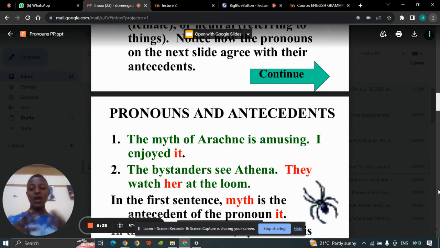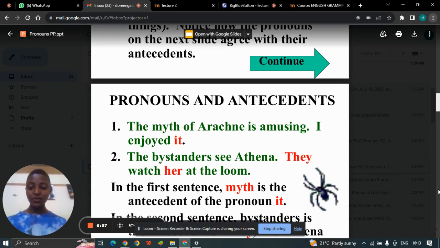Basically, the words that pronouns are used to refer to are called the antecedent. Come up with your own sentence, and it must be grammatically correct.